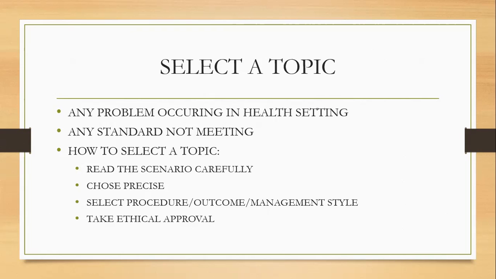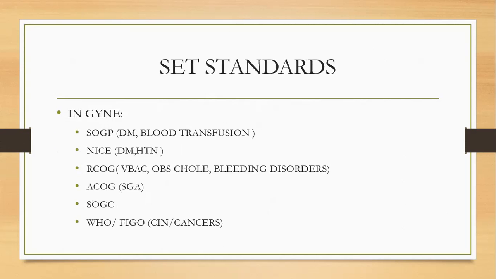So these are the steps you need to cover to start the audit cycle. If in the exam you just got confused about how to make a topic and how to select a topic from that particular scenario, just do it easily. Start with the word audit, and then audit on this. So this is the easiest step on how to select a topic.